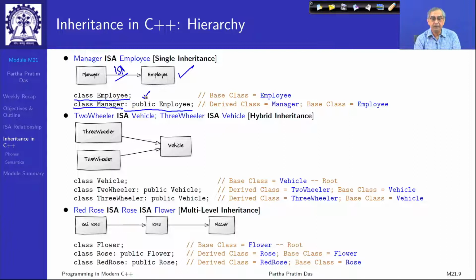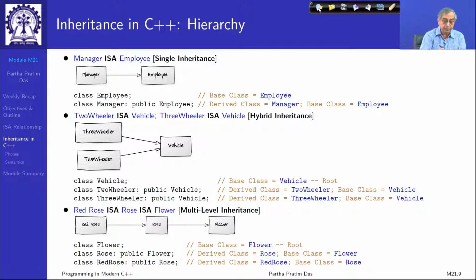We will see what it means in different contexts, but get it in your mind that if you are going to define an ISA relationship, then this keyword is going to be public, and then you specify the name of the generalized class. So, you say class manager colon public employee means manager is an employee.